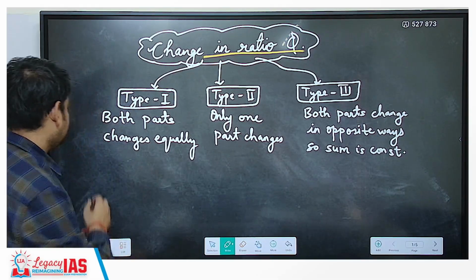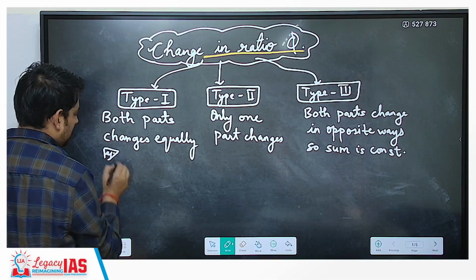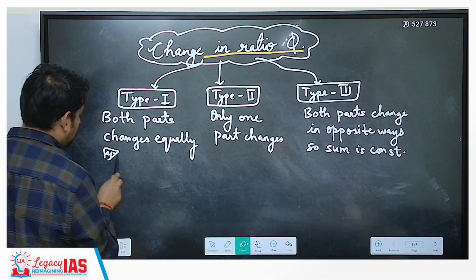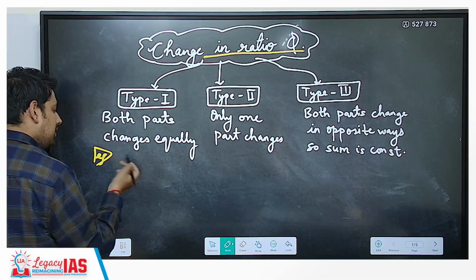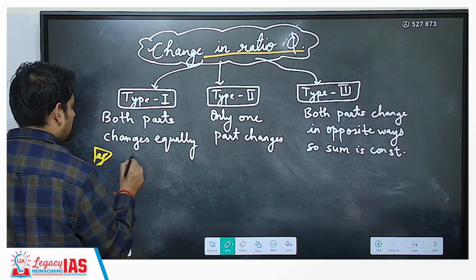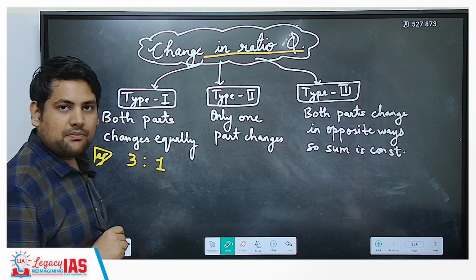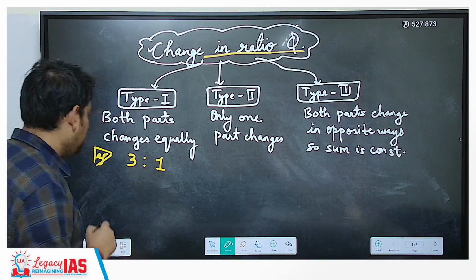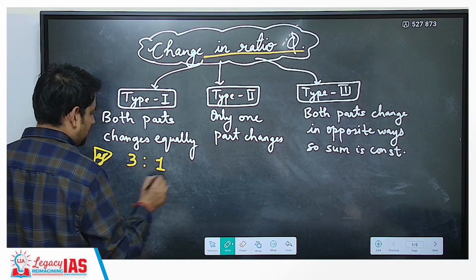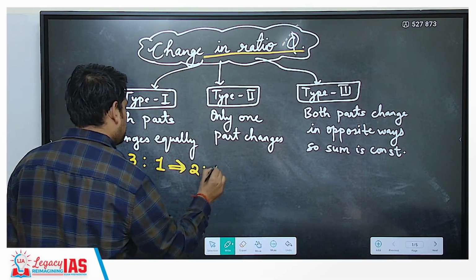For example, there are two numbers such that initially let us say their ratio is 3:1. Then something is added to both of them, and the ratio becomes 2:1.